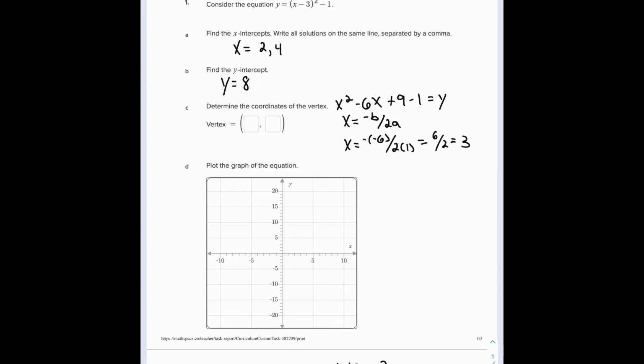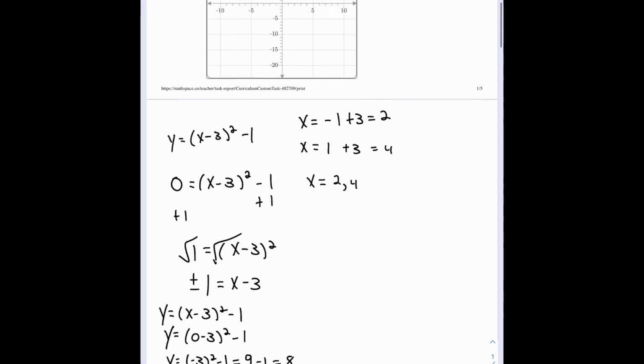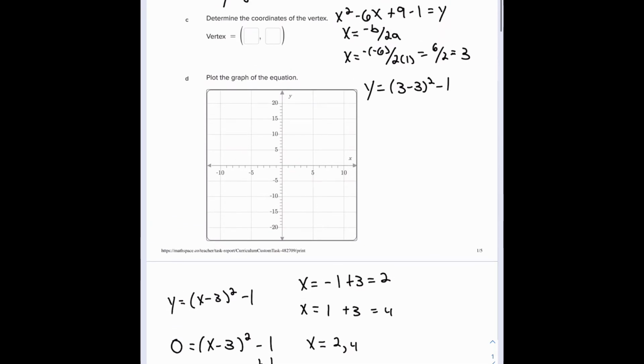So that's the x-coordinate of our vertex. Now we need to find the y-coordinate. How do we do that? Well, we know what x equals, so let's put that into our equation and solve for y. So y equals 3 minus 3, quantity squared, minus 1. And 3 minus 3 is just 0. So y equals minus 1. So the coordinates of our vertex are 3, negative 1.